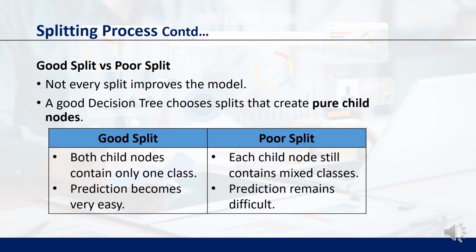For example, parent: 5 yes, 5 no. After a good split, child 1 has 5 yes and 0 no. Child 2 will have 0 yes and 5 no. This is an excellent split.